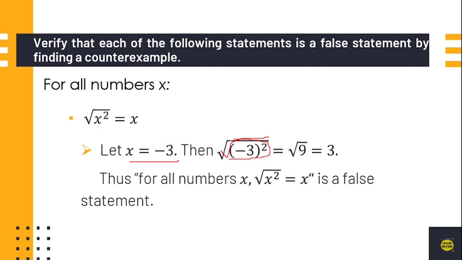First, let's solve this. Enclosed in parentheses, negative 3 to the power of 2: negative 3 times negative 3 equals 9. So the square root of 9, class, is equal to 3.